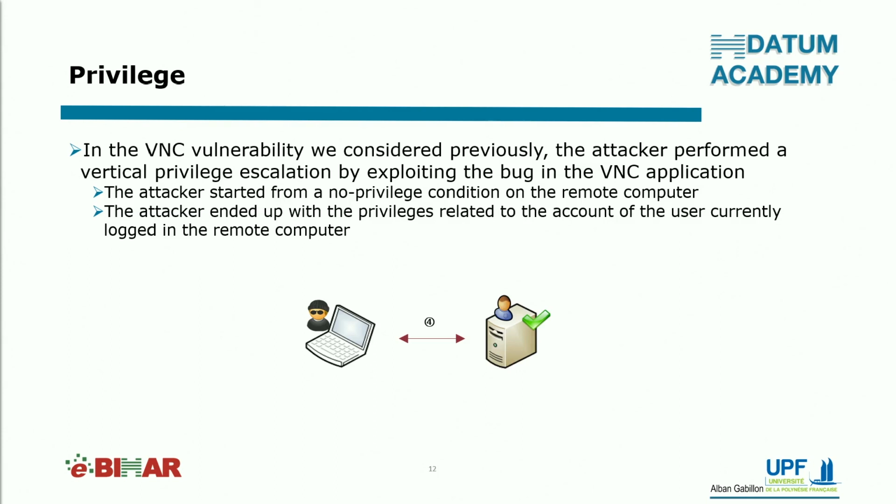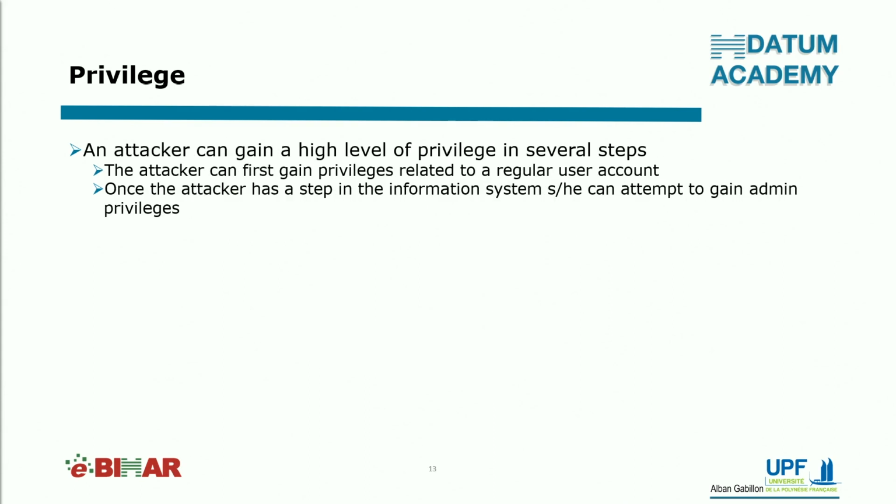So this was a vertical privilege escalation. Last thing I want to say about privilege escalation is that very often an attacker will gain a high level of privilege in several steps. For example, the attacker will first try to obtain a privilege level of a regular user account, and then, in a second part of the attack, he will attempt to gain an admin privilege level.